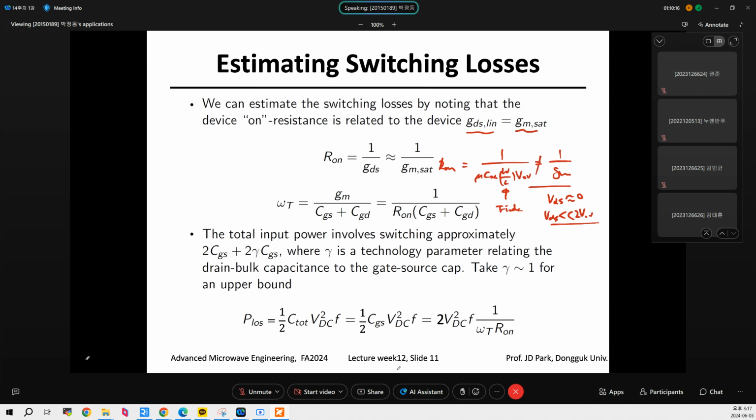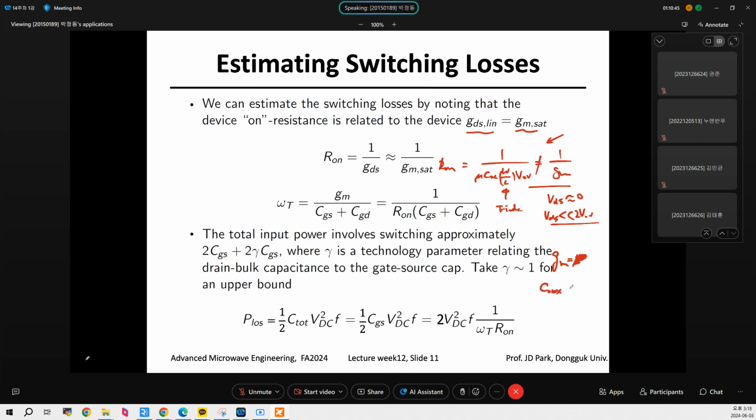So anyway, we also notice that this relation is valid only for a long channel device. If it is a short channel device, this is invalid, okay? Because the GM of a short channel device is just what?